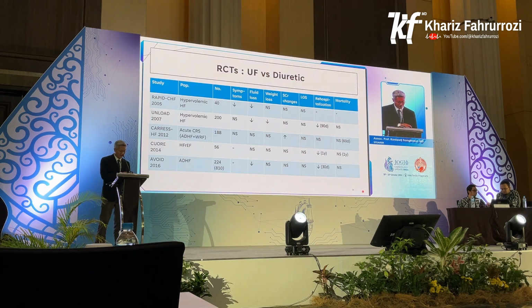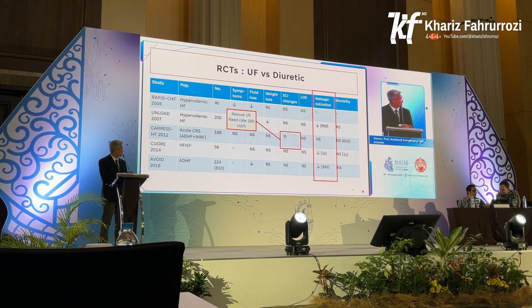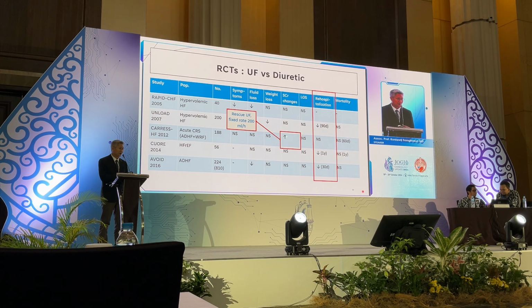So I would like to summarize the role of ultrafiltration versus diuretic. You can see that the most beneficial outcome is re-hospitalization from three main landmark studies. But one study shows that serum creatinine was a little bit higher when compared to diuretic.